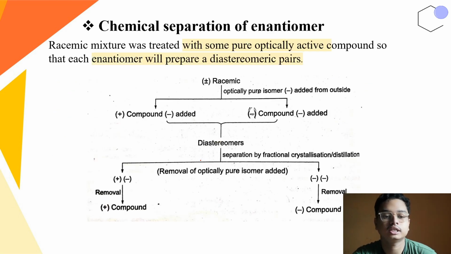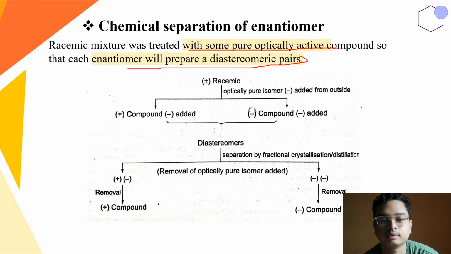Okay, so let us talk about the chemical separation of enantiomers. This is very important, and sometimes it will come in the examination also. Not in the competitive exams, but for the MSc and others, the question can be asked frequently. The racemic mixture is treated with some pure optically active compound, so that each enantiomer prepares a diastereomeric pair.